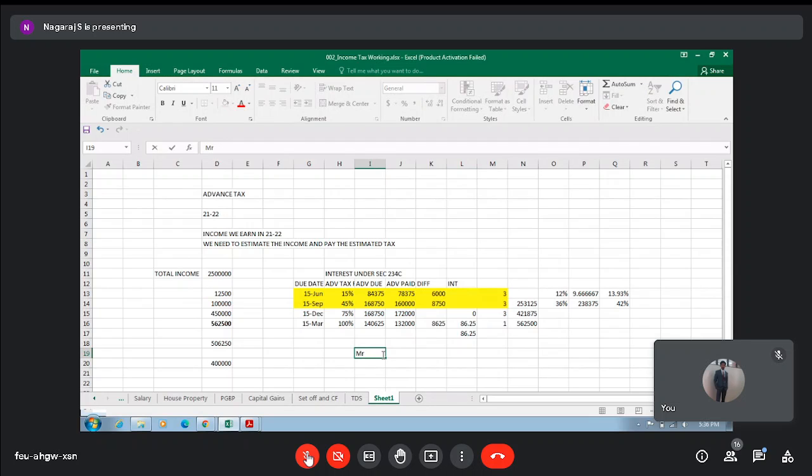Mr. Tom, non-resident, total income 4,50,000, date of filing of return 30th March.